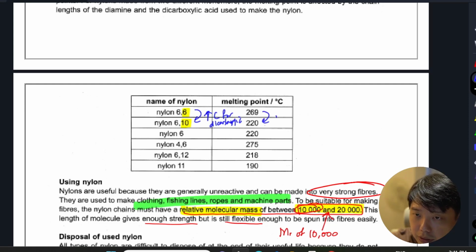The melting point decreases by 49 degrees Celsius. Okay, increase 4 carbon, take note, increase 4 carbon, decrease 49 degrees Celsius.